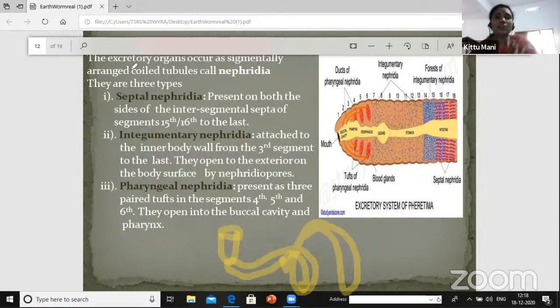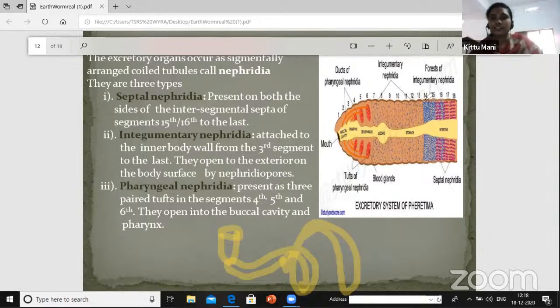These nephridia are of 3 types. How many types, students? 3 types: septal nephridia, integumentary nephridia, and pharyngeal nephridia. Septal nephridia are present on both sides of the intersegmental septa from the 15th and 16th segment to the last.